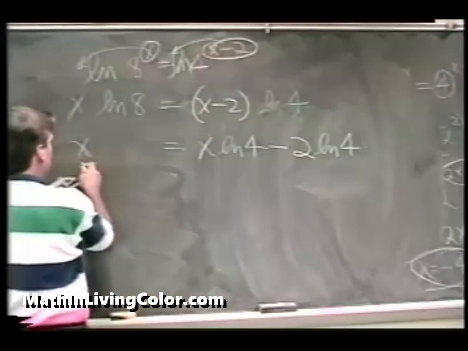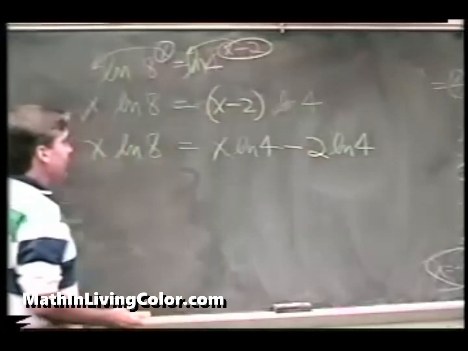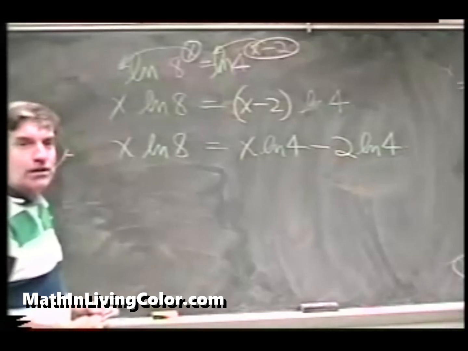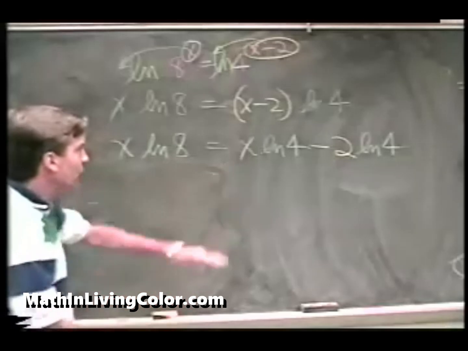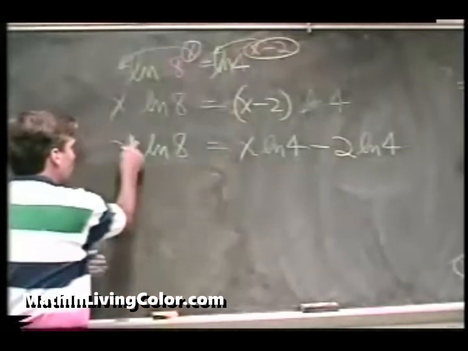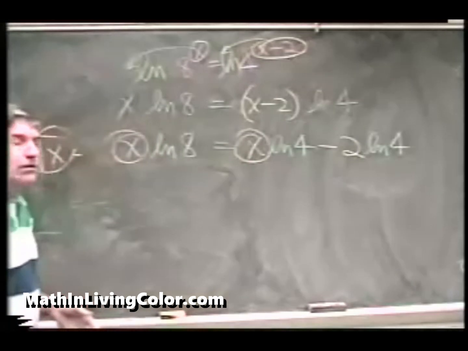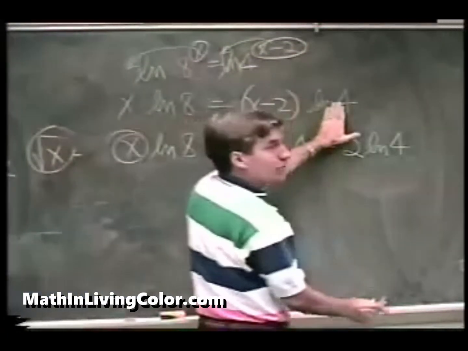I've got x times the ln of 8. Now what are you going to have to do if you want to solve for x? Wait a minute, this problem's a little different than that one. We got x's all over the place. See all the x's here? I don't know how you got that second x. I took x times the ln of 4 there.